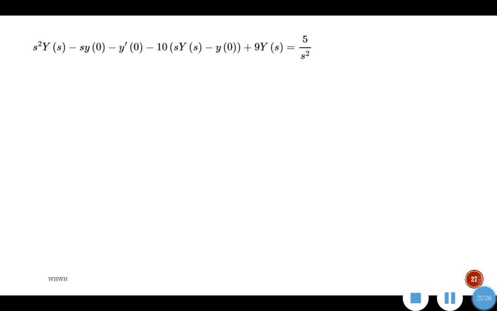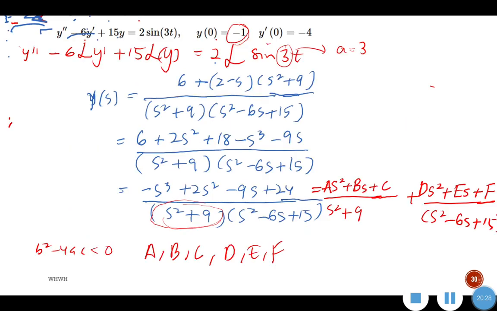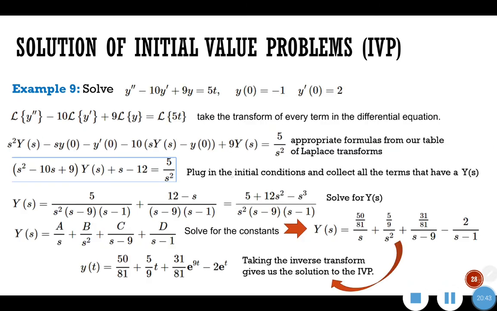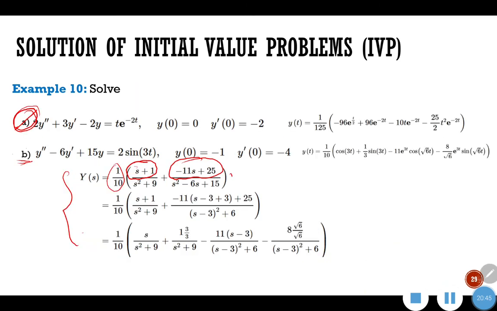I leave it to you to find the values for A, B, C, D, E and F until you come to this step. From here I provide you with the final three steps, where from here we get Y s, then finally we are able to get the final answer as such. Okay, Y t equals to this.